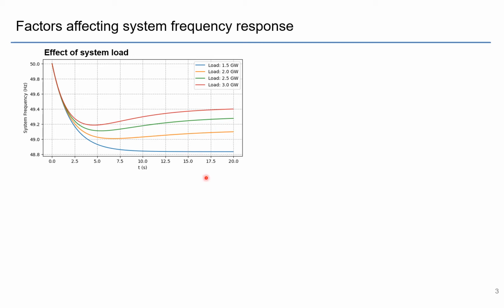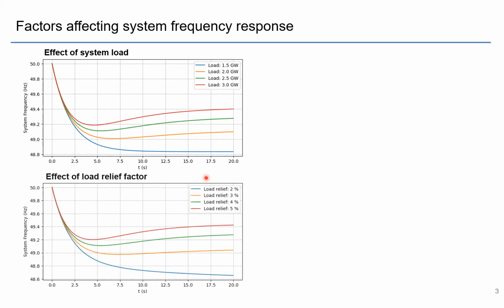Now that's making the assumption that there is load damping and the load damping factor stays the same as you increase and decrease the load. Similarly for the load relief factor, the load damping factor, if you increase the damping factor, then you get better frequency response, and vice versa if you decrease the load relief factor.